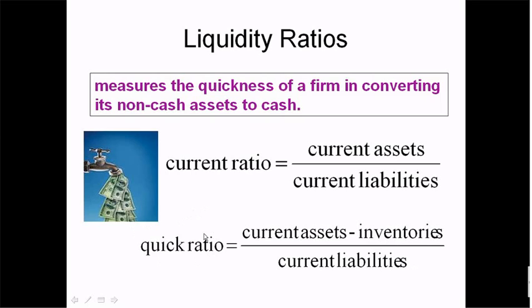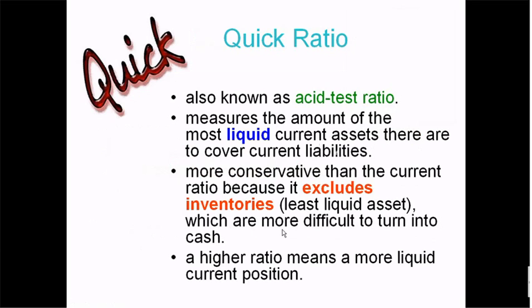So in quick ratio, we do not look at total current assets because we find that inventories may not be easily converted into cash. So we want to minus off this figure. We just want to know the remaining liquid assets that are available. It measures the amount of the most liquid current assets.